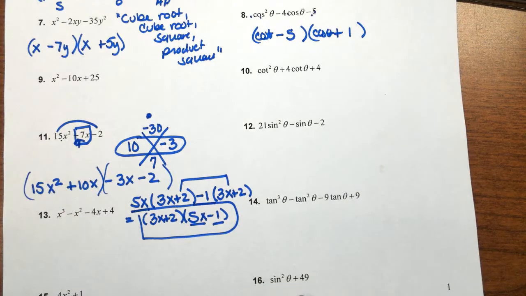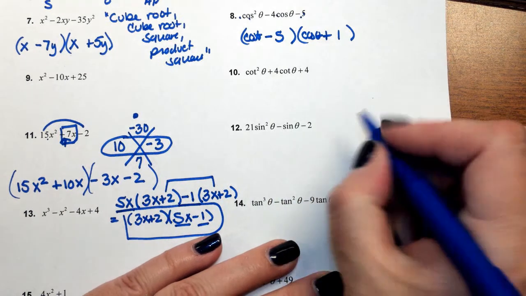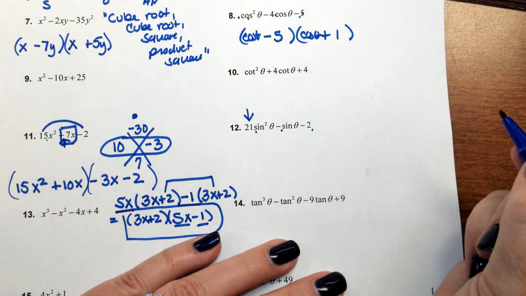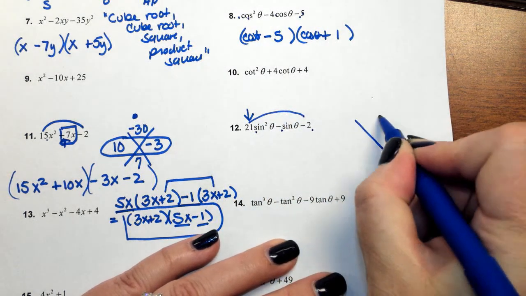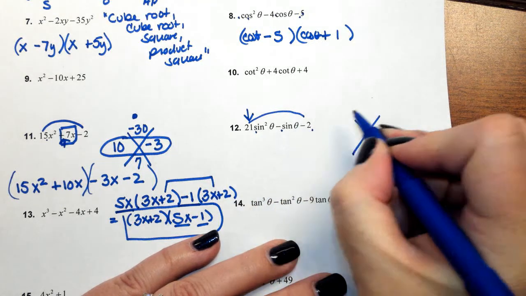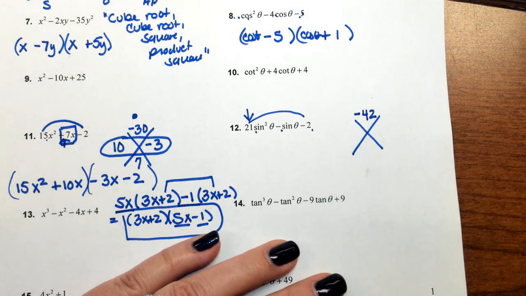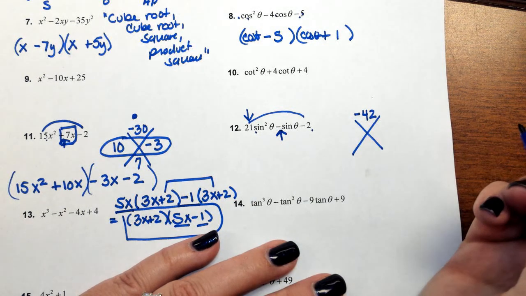So looking here at 21 sine squared minus sine theta minus 2. Again, it's a trinomial. The leading coefficient is not equal to 1. So just like in number 11, you have to multiply 21 times negative 2, make your x again. 21 times negative 2 is a negative 42. And again, look at your coefficient in front of the middle term.